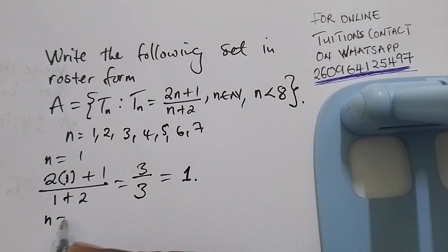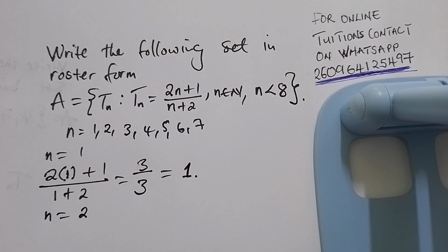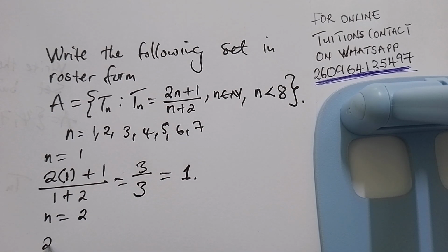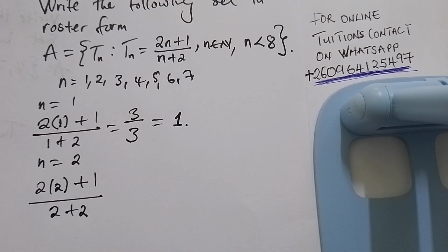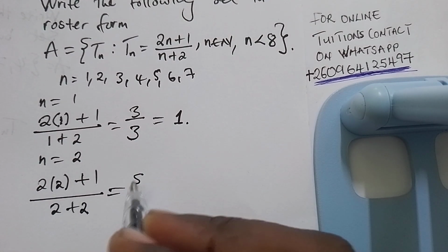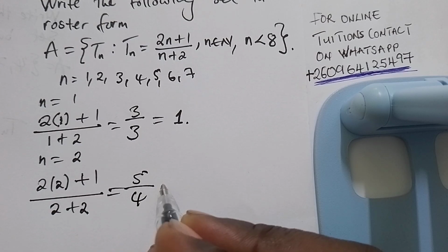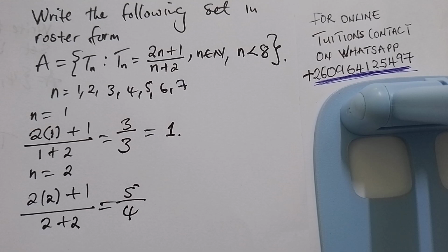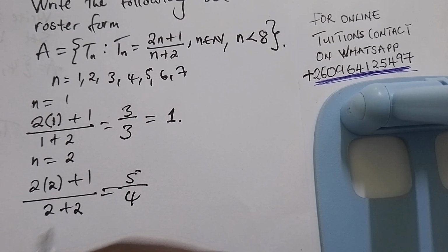Then the next element is n equal to 2. If n is 2, using the same equation, that is 2 times 2 plus 1 over 2 plus 2. This is equal to 5 over 4. This is going to be the next element. The next one will be n equal to 3.